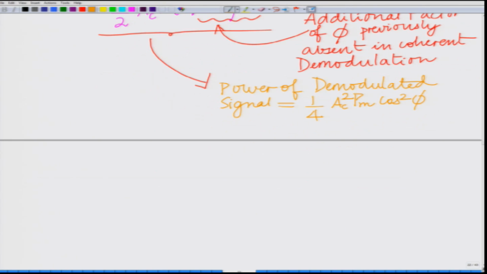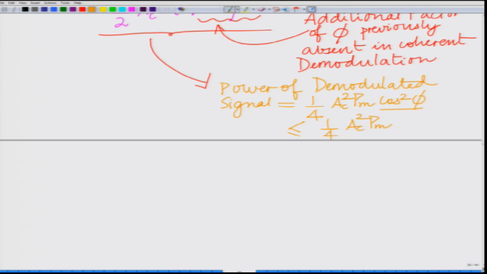So, there is a factor of cosine squared phi, and remember cosine squared phi is less than or equal to 1, which implies the power is less than or equal to 1 by 4 A_C squared P_M, which is the power in the coherent demodulation.